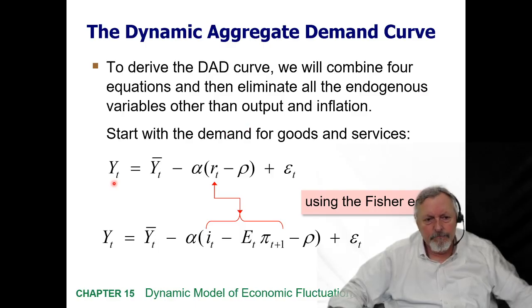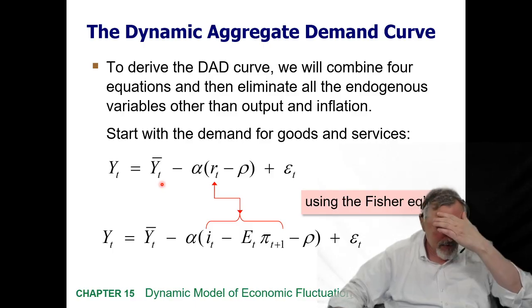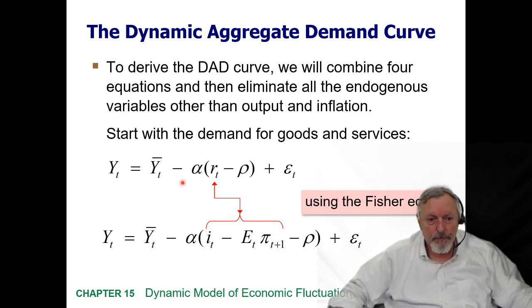Output today equals the natural rate of output, minus the difference between the real interest rate and the natural rate, plus some demand shock.